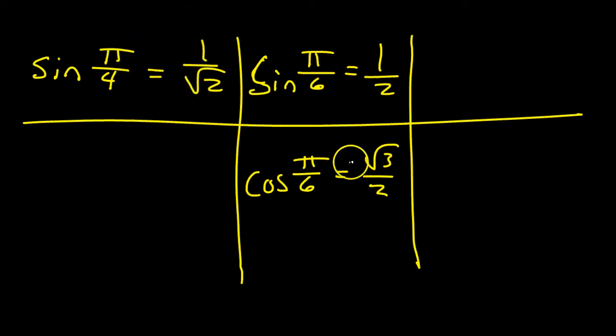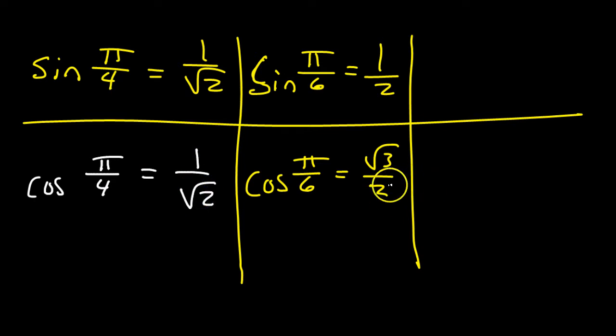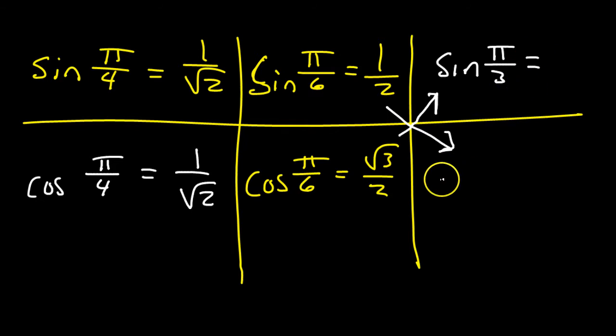Using those 3 values, you can also write down 3 other core values. The cosine of pi over 4, because it's the same thing, it's also 1 over radical 2. And you can use these to get your pi over 3's. So you can know the sine of pi over 3 and the cosine of pi over 3, because they're the same as sine and cosine of pi over 6, just reversed.